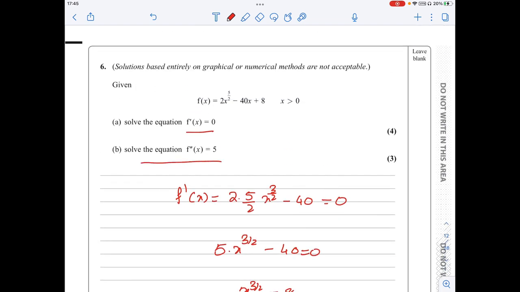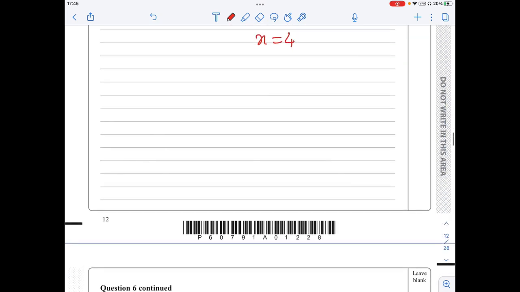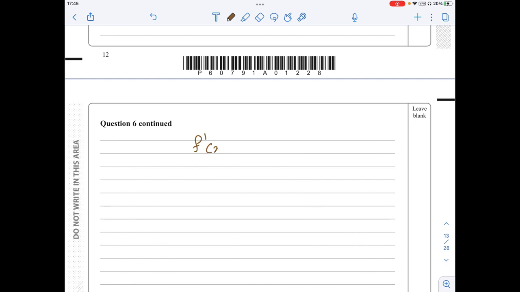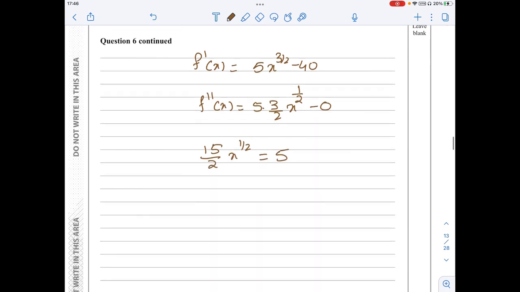Solve the equation f double prime x equals 5. So now we got f prime x. f prime x was 5x power 3 upon 2 minus 40. So f double prime x equals 5 times 3 upon 2 x power 3 upon 2 minus 1 is 1 upon 2, minus 0. So 15 upon 2 x power 1 upon 2 should equal 5.